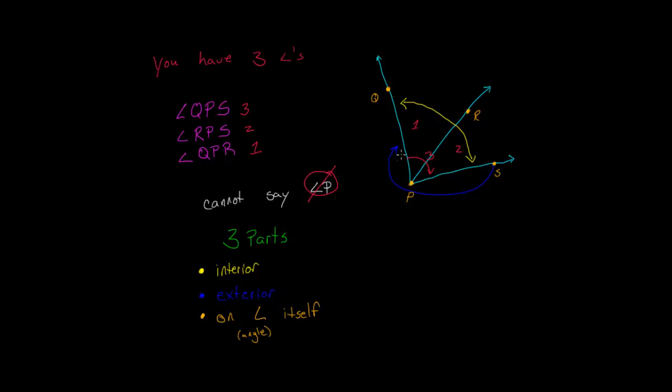So we have three parts: the interior, which I have drawn right here, the exterior, which will be anything on the outside if we're dealing with QPS, and then we have something that is on the angle itself, which could be any point along these lines, like what I'm drawing right here, any of the points that actually be used to name the angle.